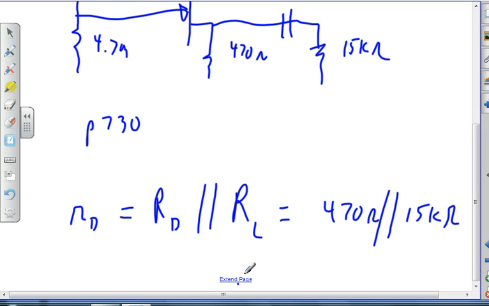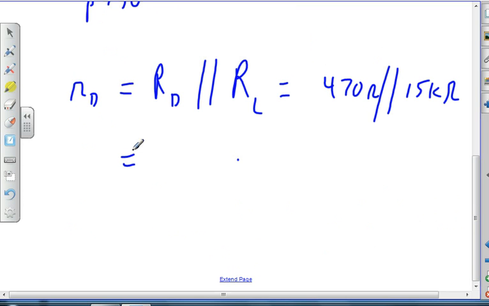All right, so I got my calculator out. 1 divided by 470 plus 1 divided by 15 with 3 zeros, close parentheses, boom, 456 ohms.